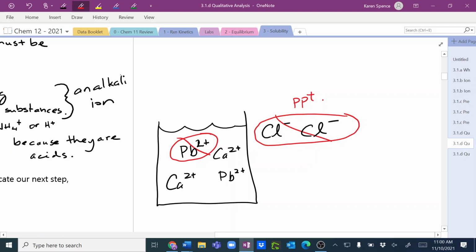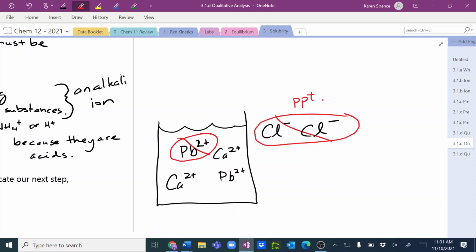Now, what if in my next step I want to check to see if calcium will precipitate. And maybe I decide to add something that precipitates calcium. But let me tell you, everything that precipitates calcium also precipitates lead. Everything. You cannot precipitate calcium without precipitating lead.